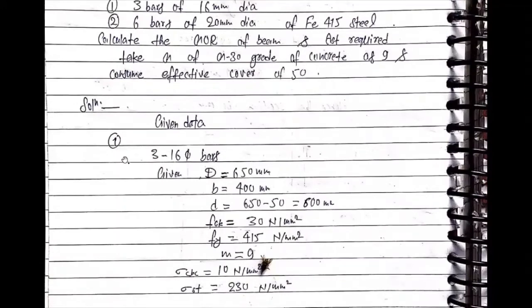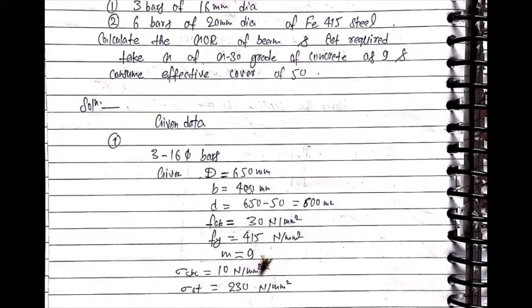Given data, this is the first step. We are given with 3 bars of 16 mm. Capital D, that is total depth of beam, is 650 mm. Small b, that is breadth, is 400 mm.